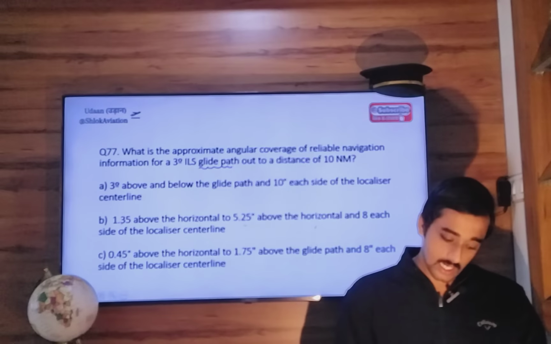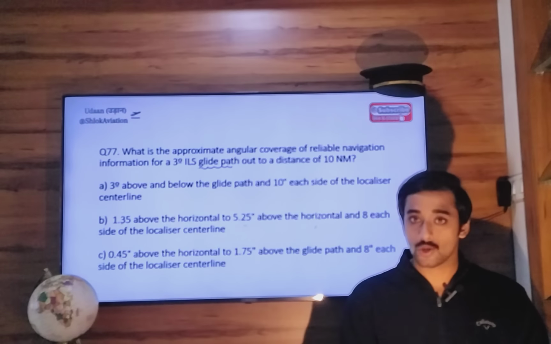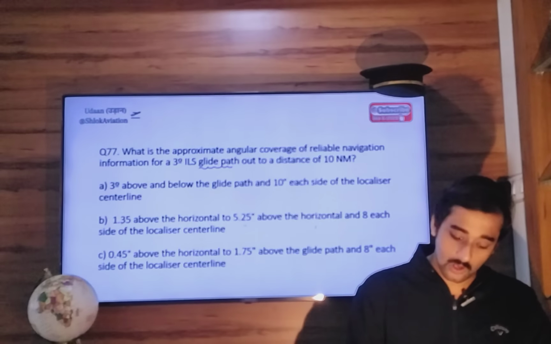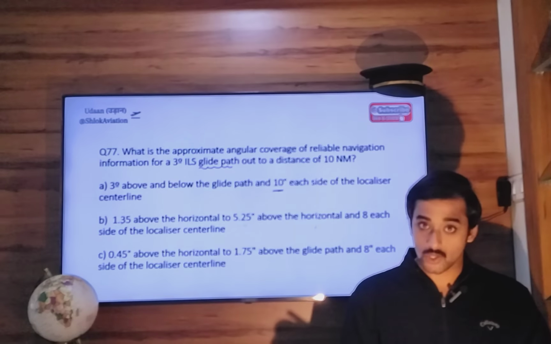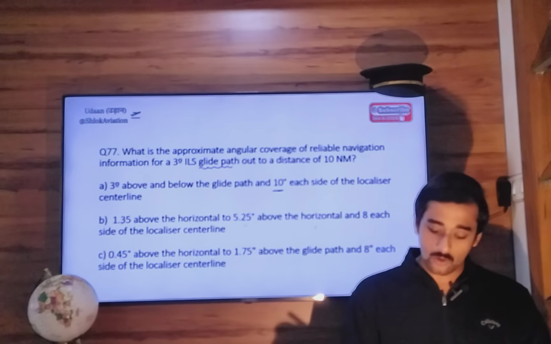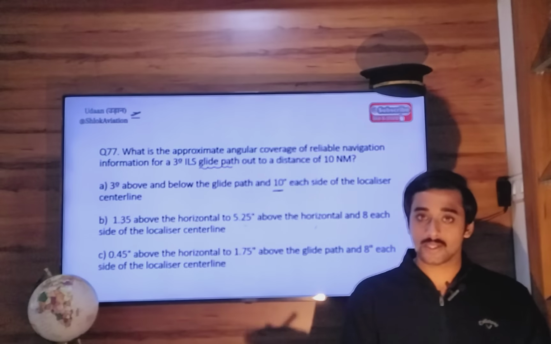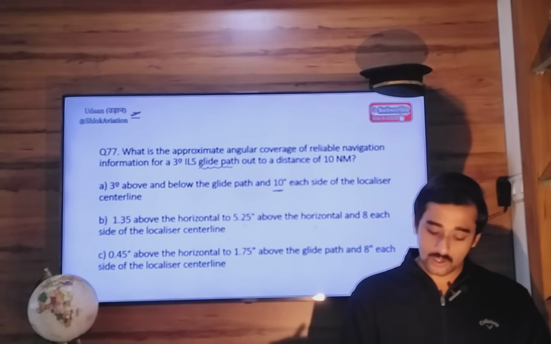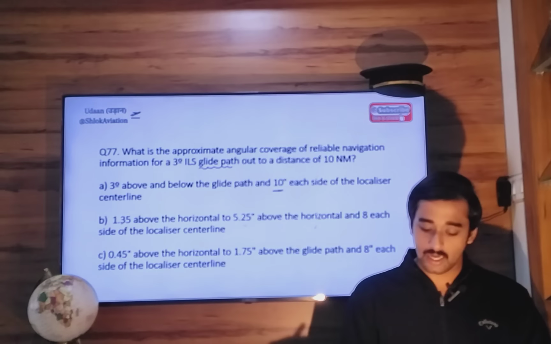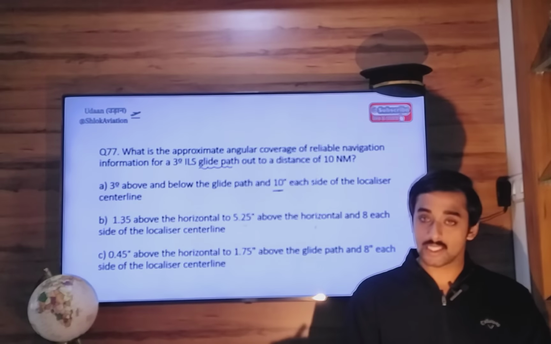So the correct answer here: 3 degrees above and below the glide path, 10 degrees each side of the localizer center line, that's wrong. It's 8 degrees each side of the localizer center line. 1.35 degrees above the horizontal, 5.25 degrees above the horizontal, yes. 8 degrees each side of the localizer center line, yes. 0.45 degrees above the horizontal to 1.75 degrees above the glide path, and 8 degrees each side of the localizer center line, that's wrong.